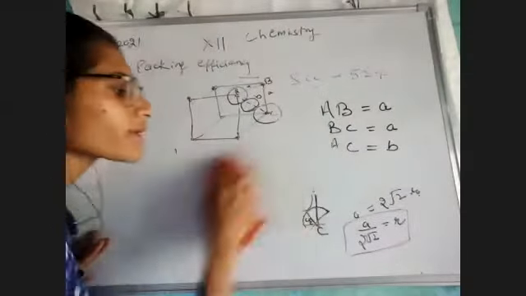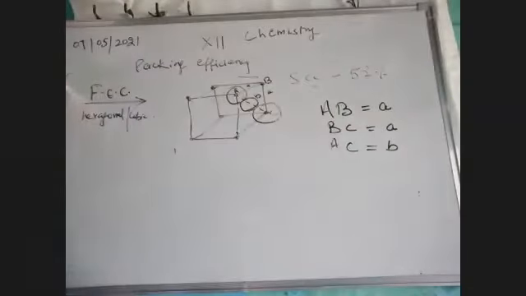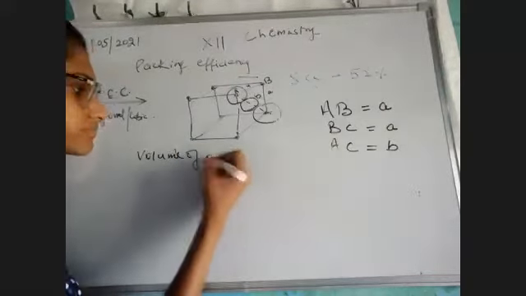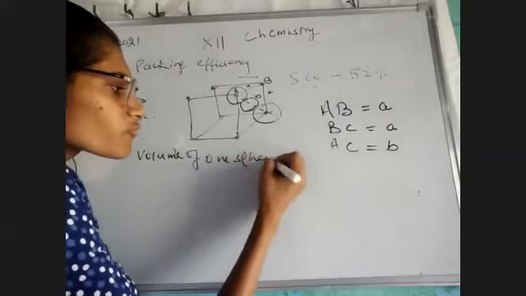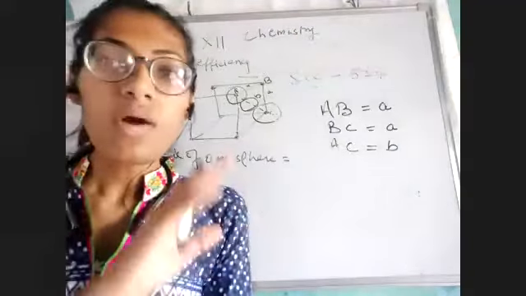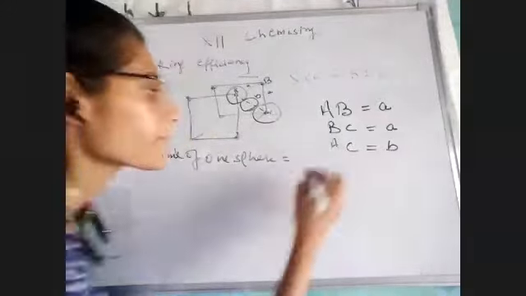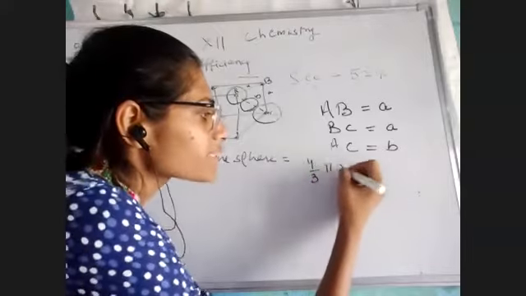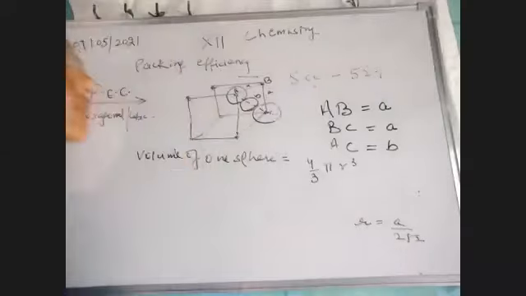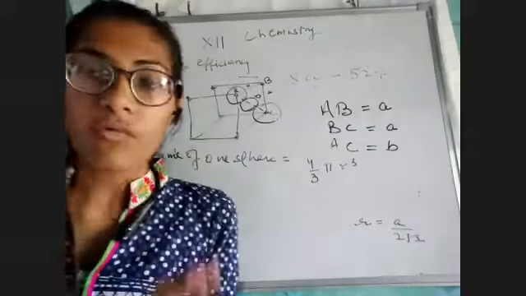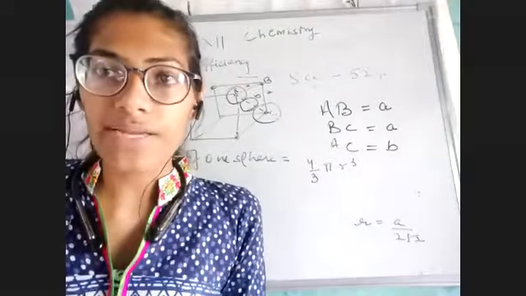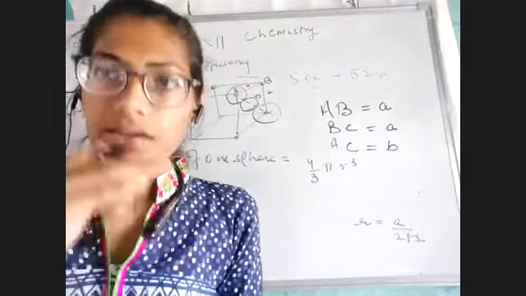So if we have to calculate the volume of one sphere, what is the formula of the volume of a sphere? In the lower classes we did this: it equals 4 by 3 pi r cube. And what is our r? R equals a by 2 under root 2. And we have to calculate the volume for the 4 spheres because we have 4 atoms present in the face-centered unit cell.